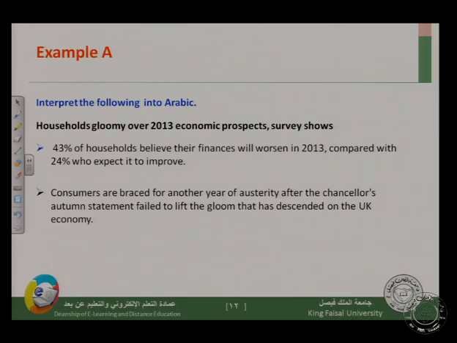If we want to go for the other one: consumers are bracing for another year of austerity after the Chancellor's autumn statement failed to lift the gloom that has descended on the UK economy. يستعد المستهلكون إلى سنة أخرى من التقشف بعد أن فشل تصريح وزير المالية الذي أصدره في الخريف أن يزيل الغمة عن اقتصاد المملكة.